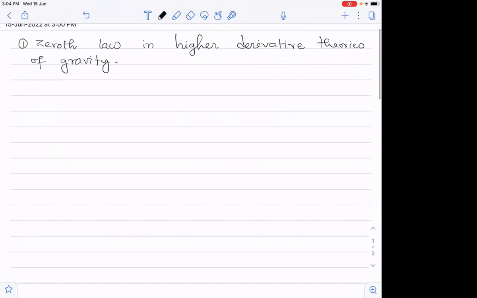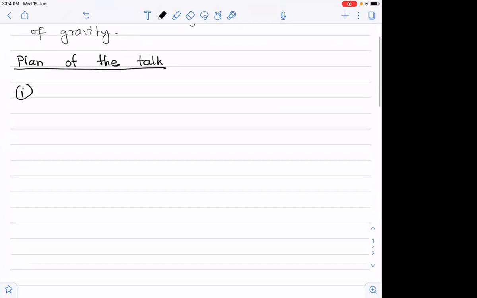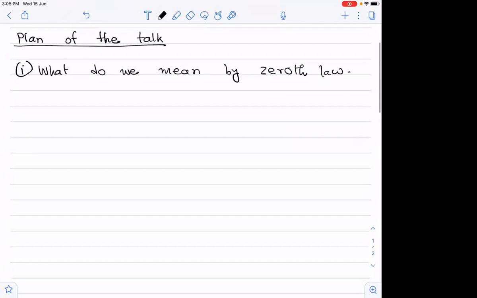So the plan of my talk is as follows. First I'll explain what we mean by zeroth law. Second, I'll come to the motivation, and the motivation will have two parts.